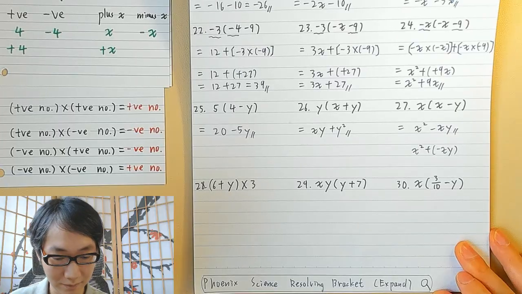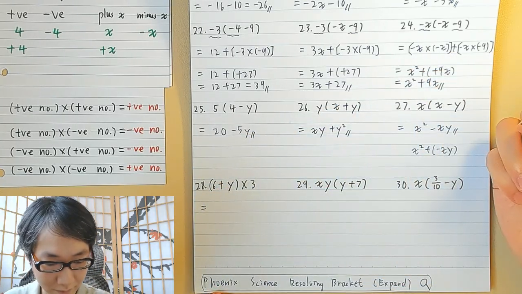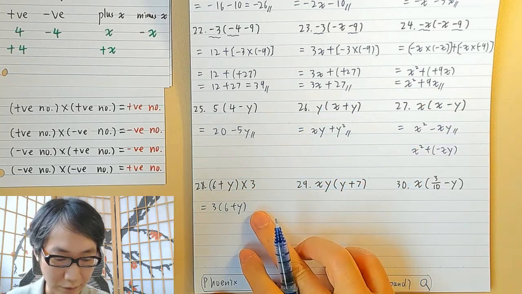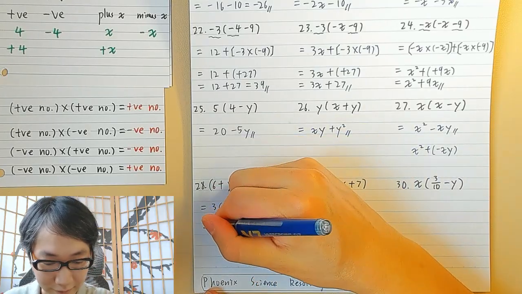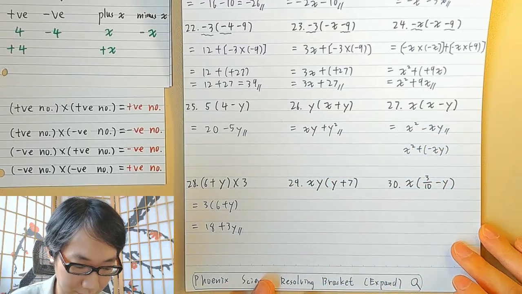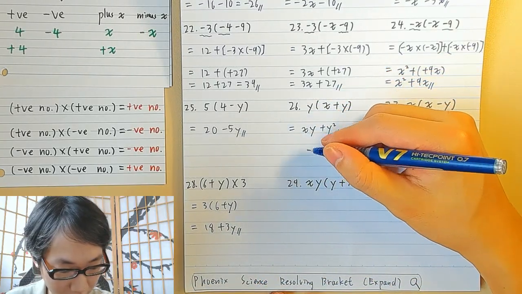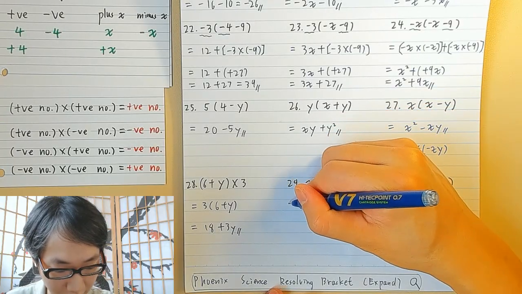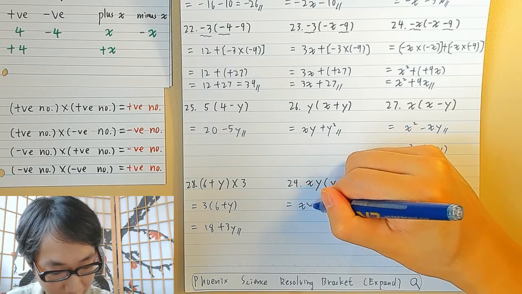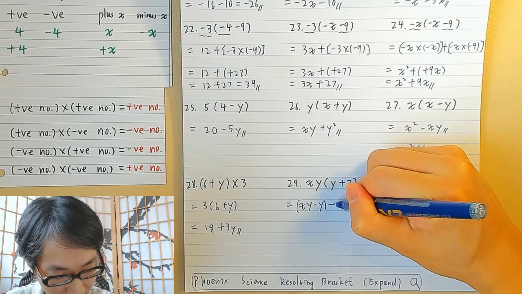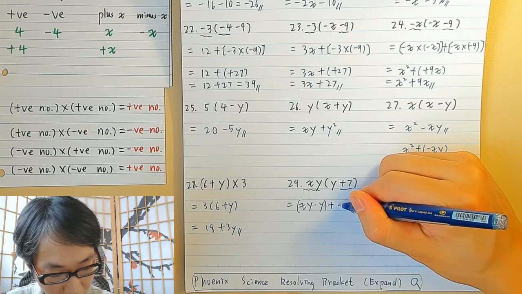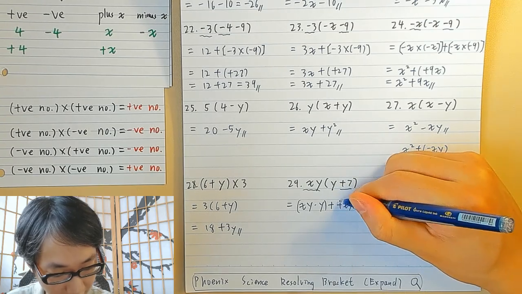Number 28. So we can rearrange to make it easier to read. This one, okay, let's show everything again. This is xy, first term xy times y. Second term, plus xy times positive 7.